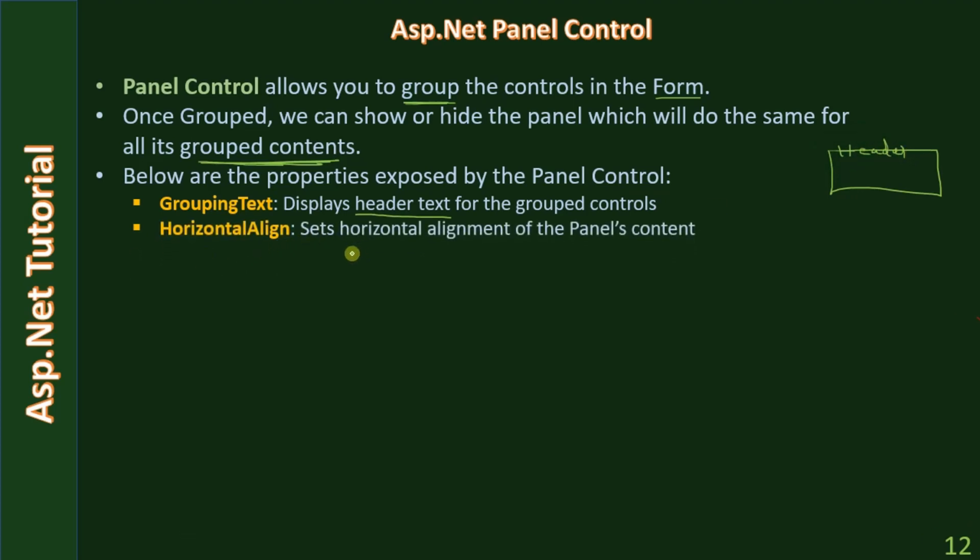Horizontal align sets a horizontal alignment for the panel control. Direction tells in what direction controls are added to the panel control. It will get added from left to right or from right to left, so you can specify that using the direction property.